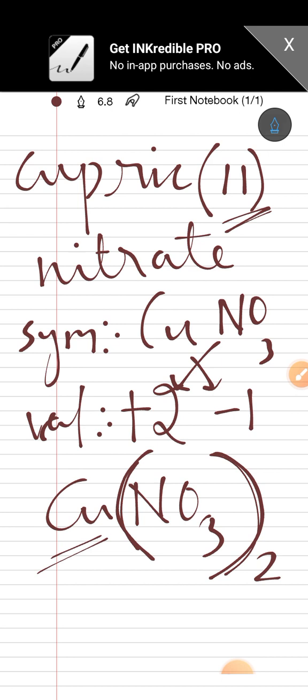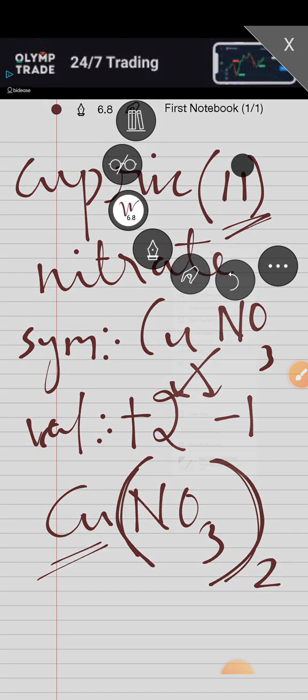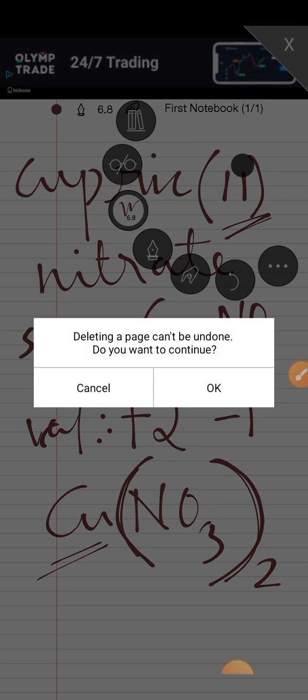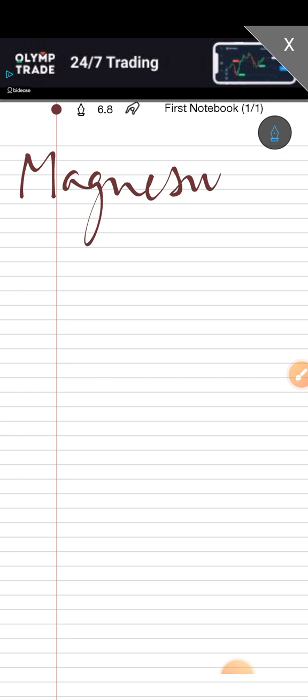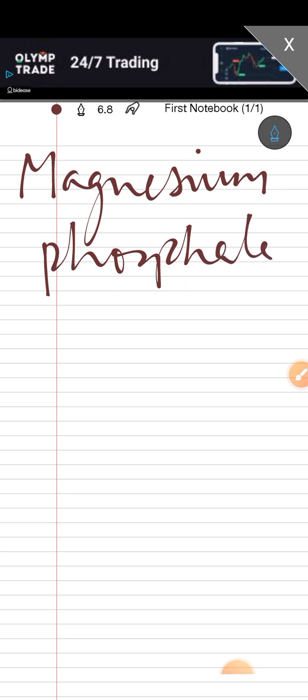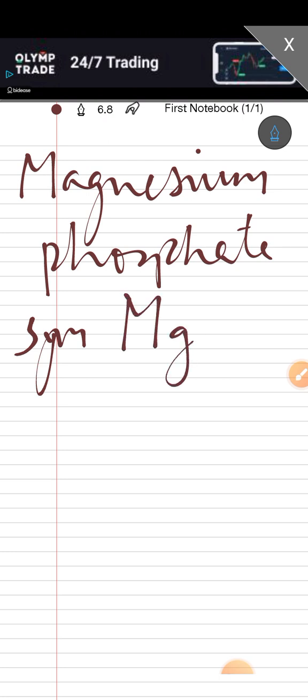Next, one more, let's solve magnesium phosphate. What is the symbol of magnesium? The symbol of magnesium is capital M, small g, and phosphate is a polyatomic ion with the formula PO4, 3 minus.